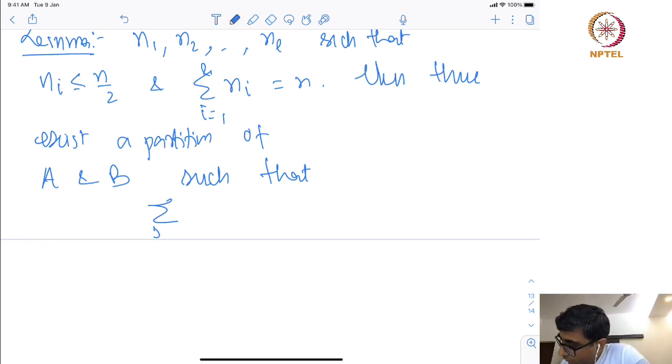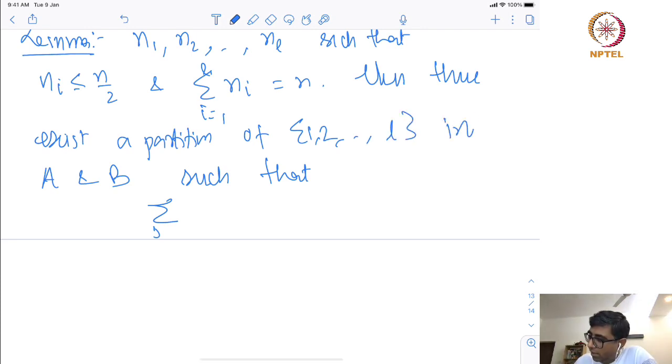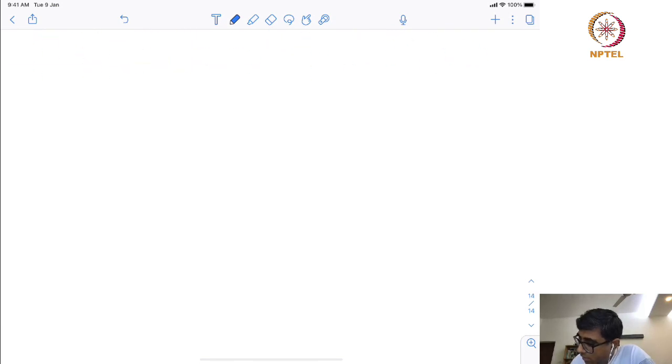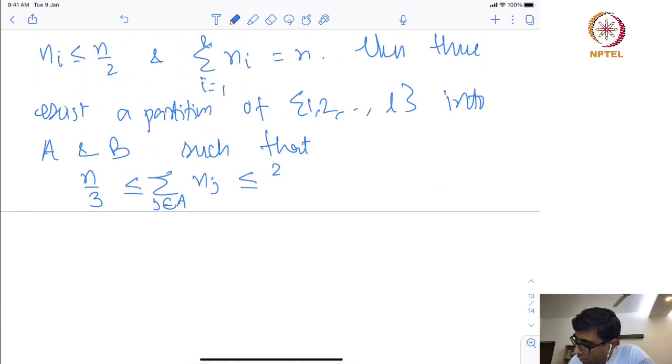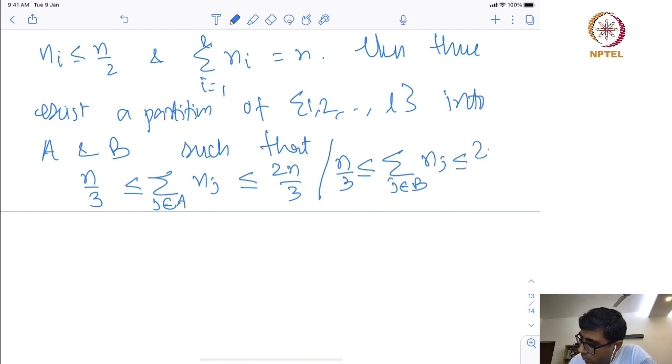There exists a partition of 1 to L into A and B, such that the summation over j in A of nj is at least n over 3 and at most 2n over 3, and similarly the summation over j in B of nj has the same property.